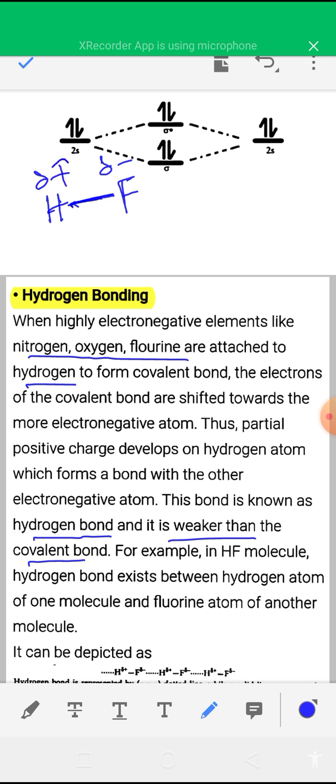When hydrogen is attached to a more electronegative element such as fluorine, oxygen, and nitrogen, the molecule will be converted into two poles.